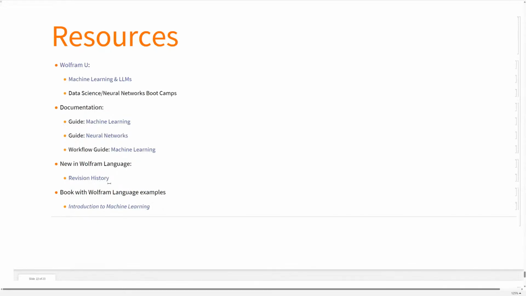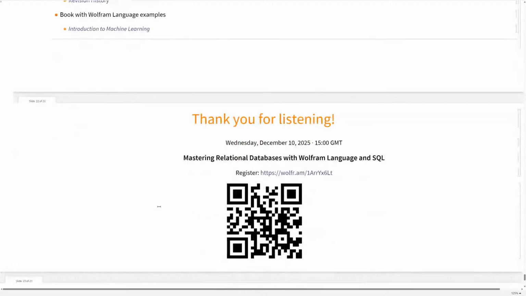And you can see the revision history of Wolfram Language. We keep working to add more things to the built-in functions. And there is also a book about machine learning specifically in Wolfram Language, with Wolfram Language examples.